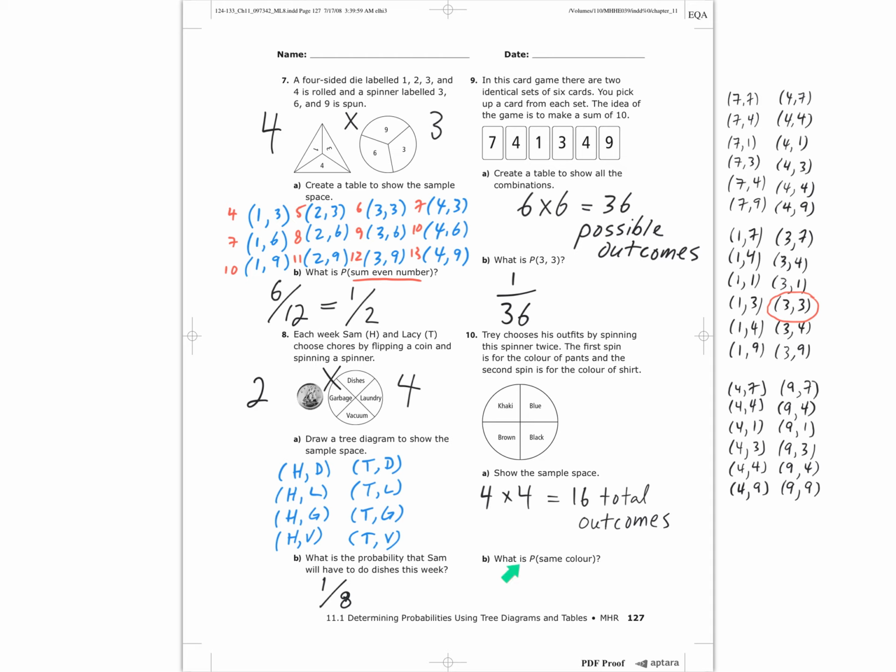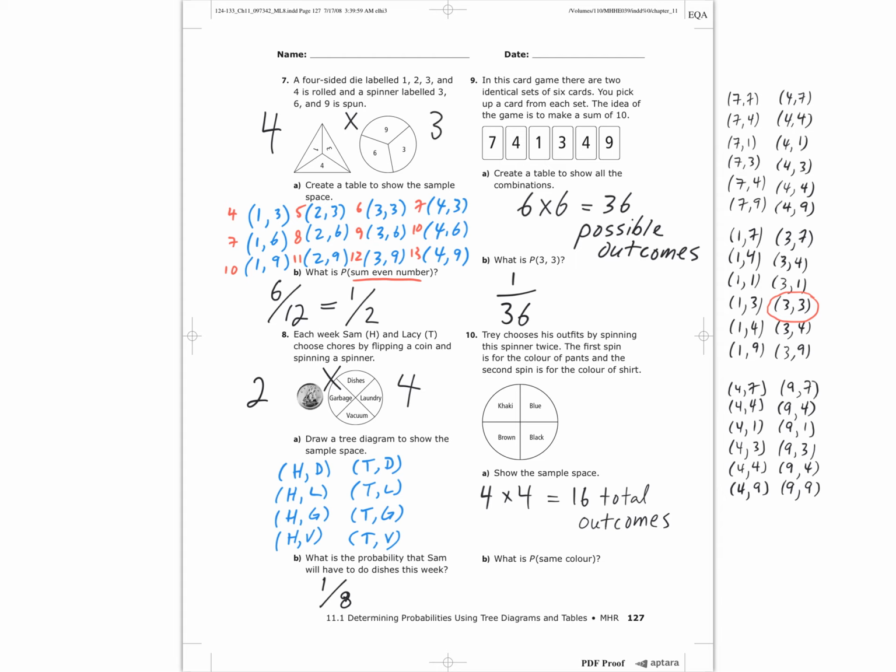All right, B, what's the probability of him getting the same color? So we know there's 16 things in total that can happen, and same color would be if he spun khaki khaki, blue blue, black black, or brown brown, right? So how many things did I just say? 4, right? 4 outcomes where that's matching, that's matching, that's matching, and that. And we know that it's out of 16.